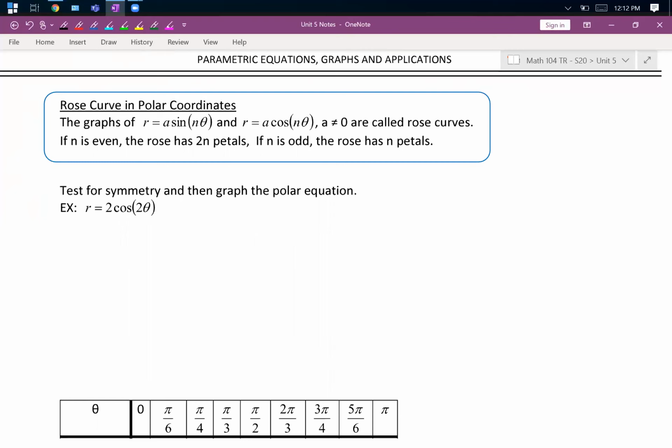If n is even, then the rose has 2n petals, but if n is odd, then the rose has n petals. Again, I don't really memorize this kind of stuff because I feel like I'm going to see what the graph looks like when I draw it out. But let's test for symmetry.